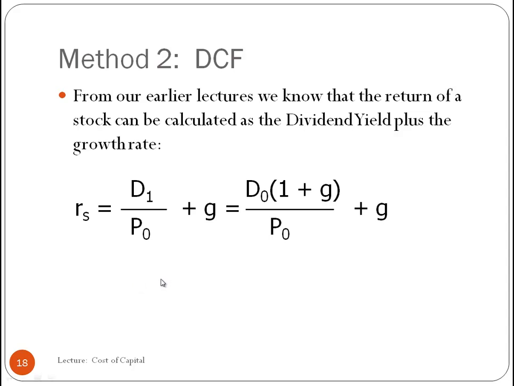From this model, the first term is the dividend yield. It's the dividend payment divided by the price of the stock, plus the growth rate of the dividend.